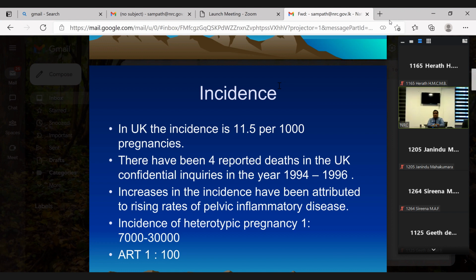The house officer at that time is now a professor, and there was a very strong argument about giving an undiagnosed patient with abdominal pain a dose of pethidine. You can understand the gravity. So these can come up even in the surgical casualty.